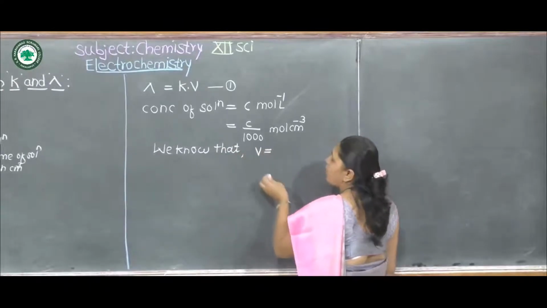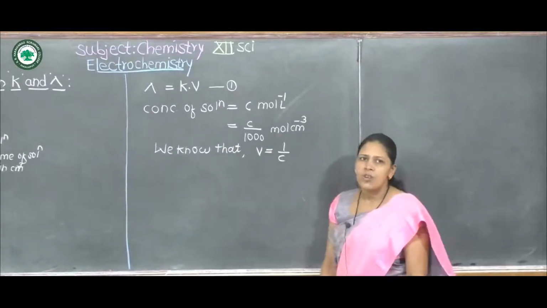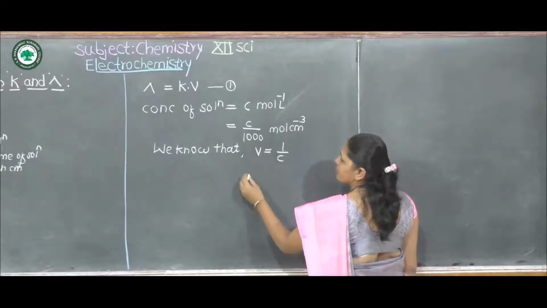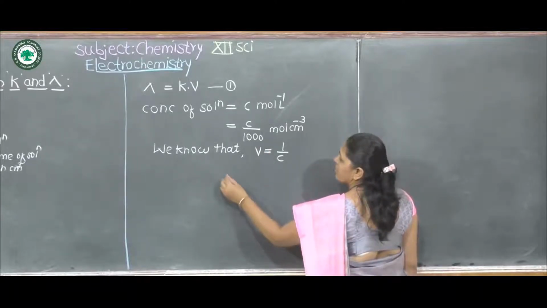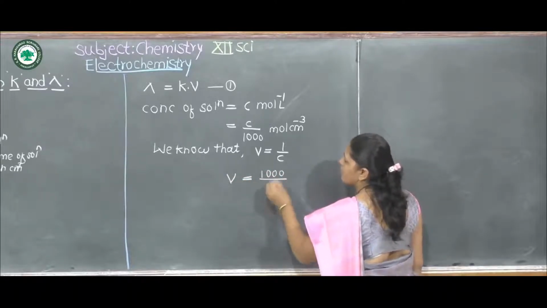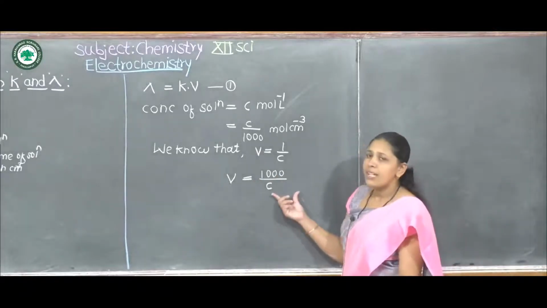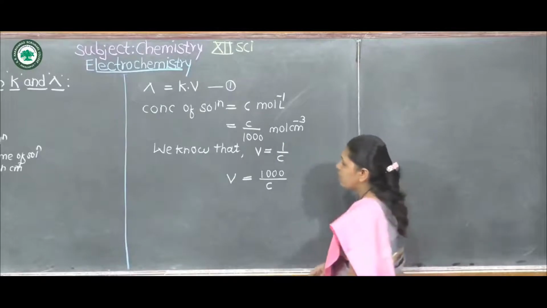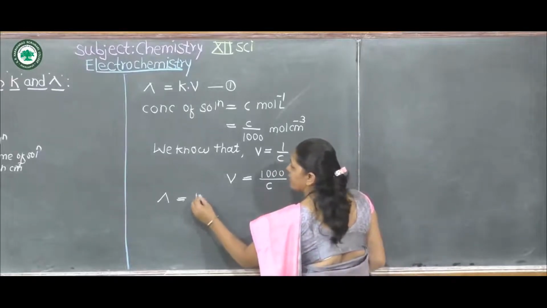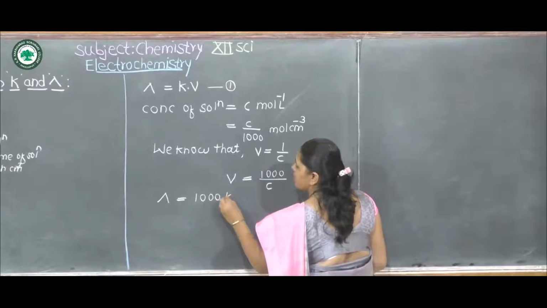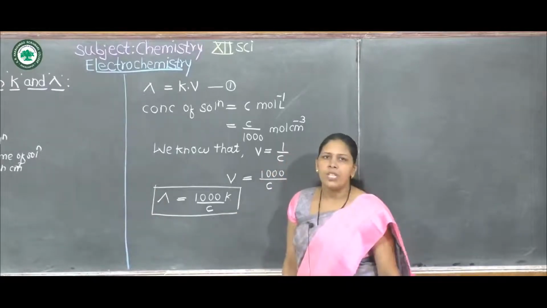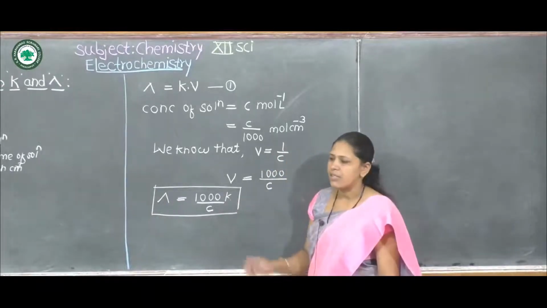Substituting this value, V is equal to 1000 upon C. Substituting this value in equation number 1, we get molar conductivity is equal to K multiplied by 1000 divided by C. This is the relation between molar conductivity and conductivity.